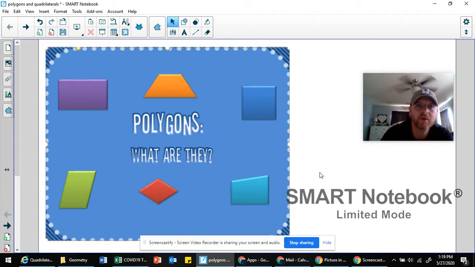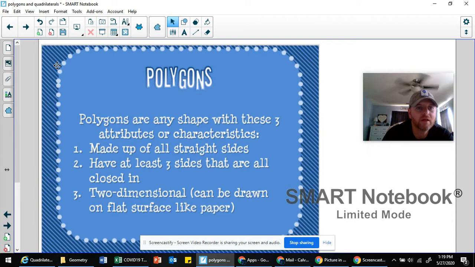First of all, let's start off by talking about polygons. So polygons, what are they? Polygons are any shape with these three attributes or characteristics. Number one, polygons are always made up of all straight sides. There's no curves in them. Number two, they have at least three sides that are all closed in. Number three, they are two-dimensional, meaning they can be drawn on a flat surface such as paper.